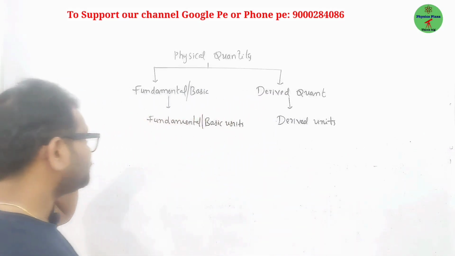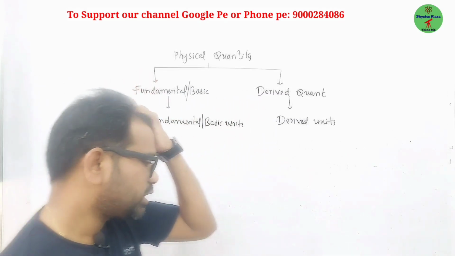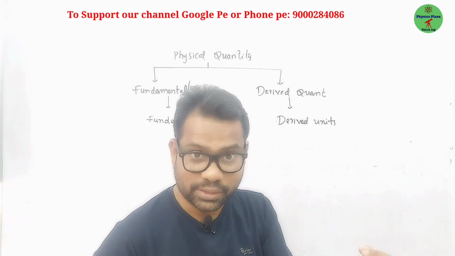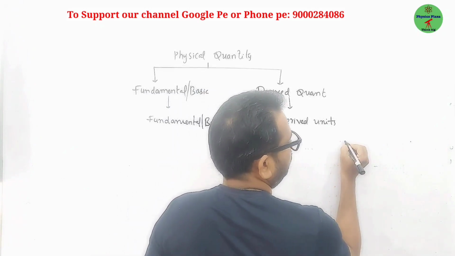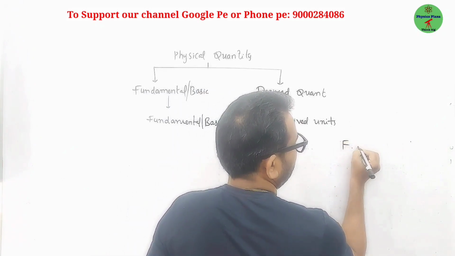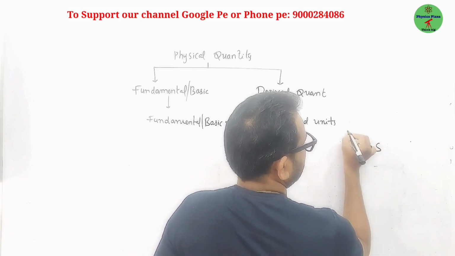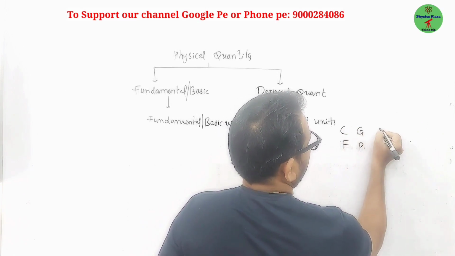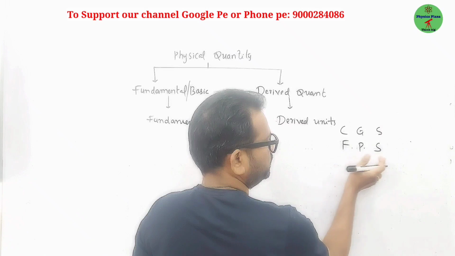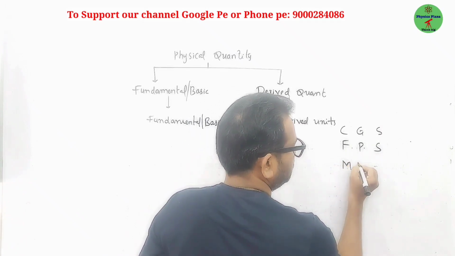So to measure the physical quantities, dear children, actually we have three systems, right? What are those? First one is the CGS system, the French system, then the FPS system, the British system, and the MKS system, the metric system.